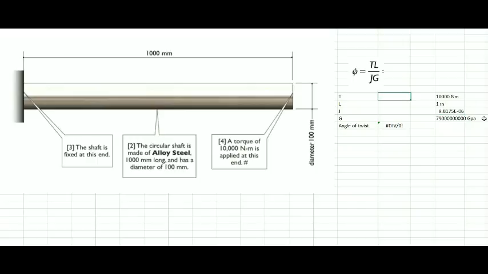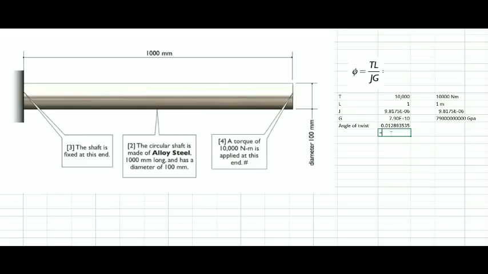Using Excel to compute for the angle of twist and plugging in the values, we can see that its angle of twist is 0.01289 in radians.